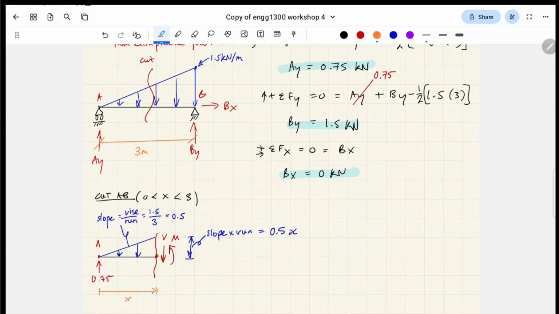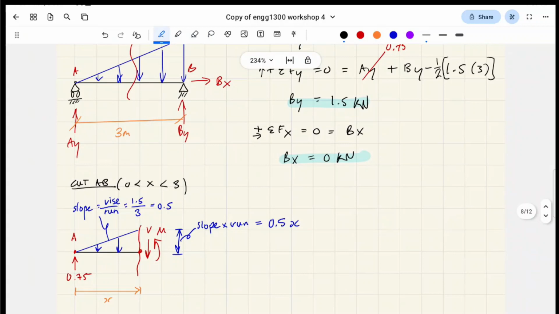So that's actually our run, technically. So the slope times the run is going to be the varying height of this triangle.